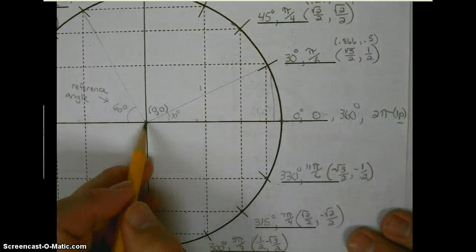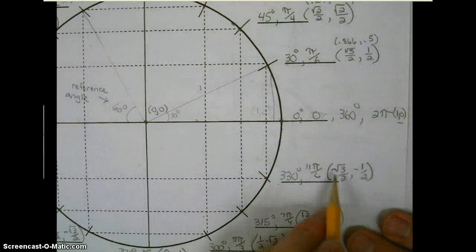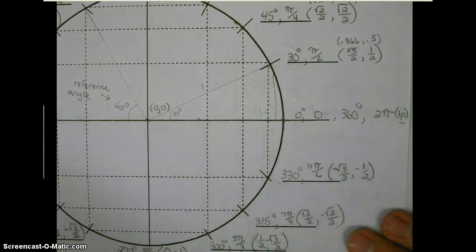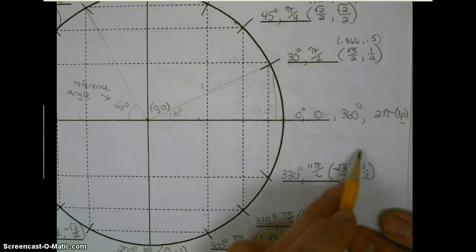So if we put tangent of negative 30, and we put y over x, we get a negative output. So negative input results in a negative output.